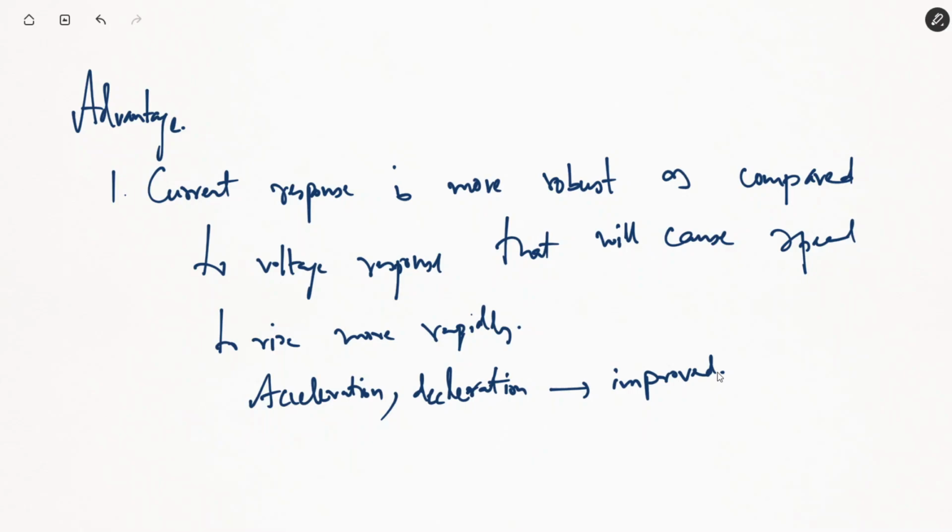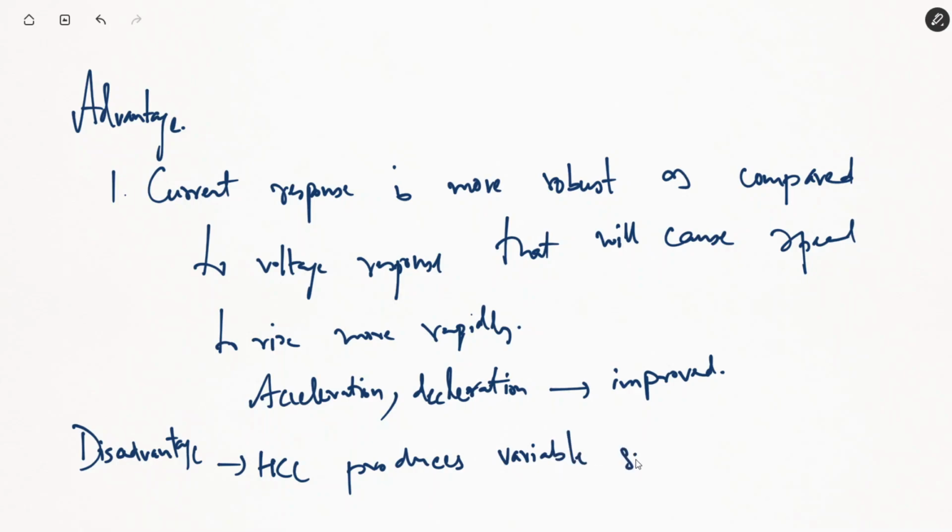The disadvantage, however, with this system is that we are using a hysteresis current controller. The modulation scheme that we are employing here is the hysteresis current controller.